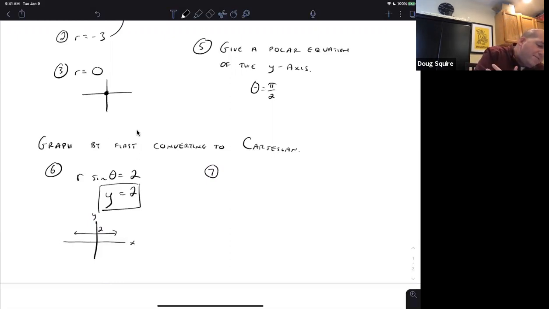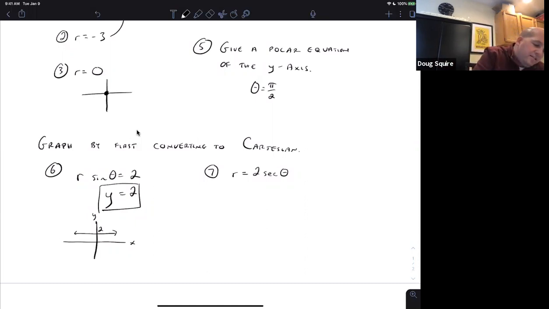And so if you have something that seems more complicated, so like r equals 2 secant of theta, you can graph that by plotting theta and r, and there's a whole set of different curves that you can talk about with polar coordinates, and we're just not going to go into that because we're out of time today with the course. But if you have one like this, if it's possible to easily convert to Cartesian, you should.